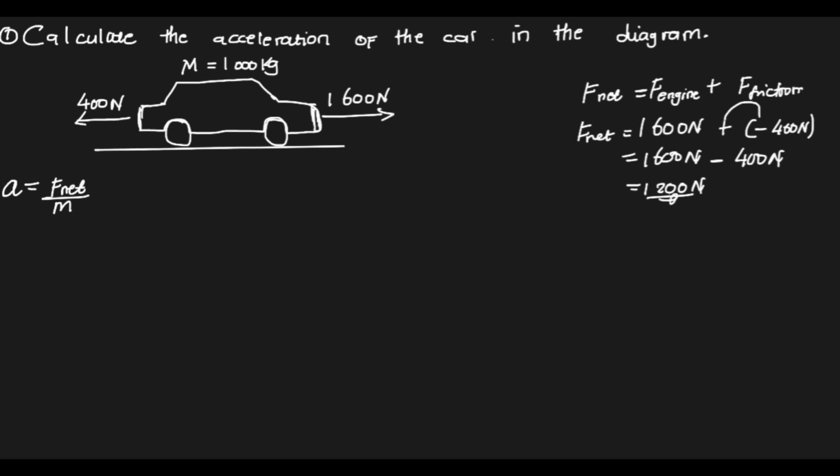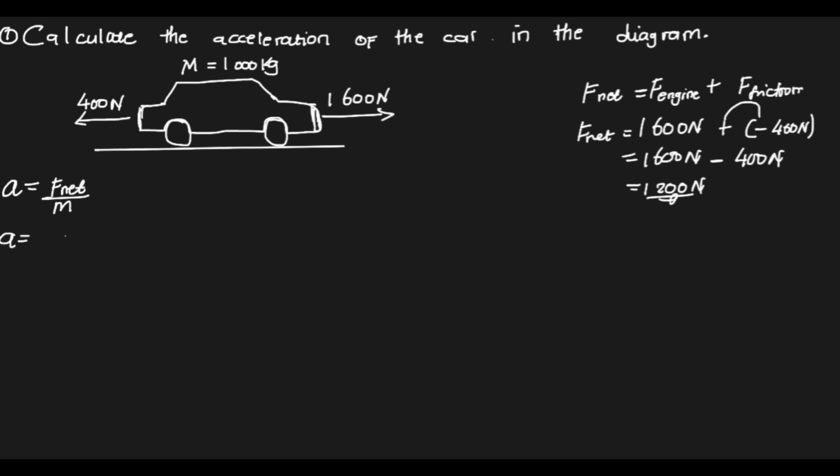Or if you want, you can just go direct. As long as the two forces or arrows are pointing in opposite directions, we just find the net force by subtracting the two forces. Now, since we have the net force, we can go back to our formula.